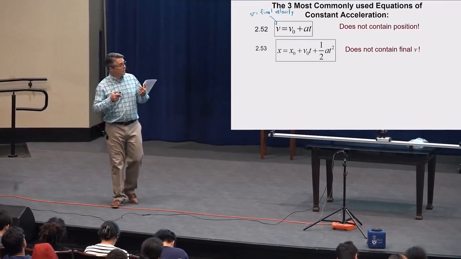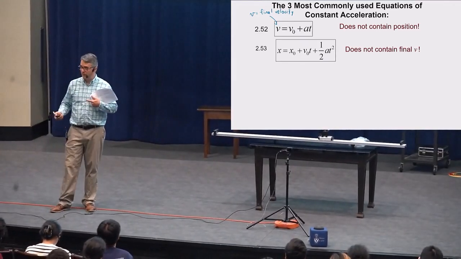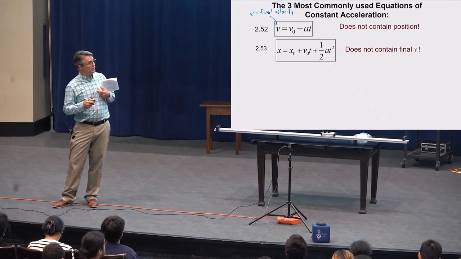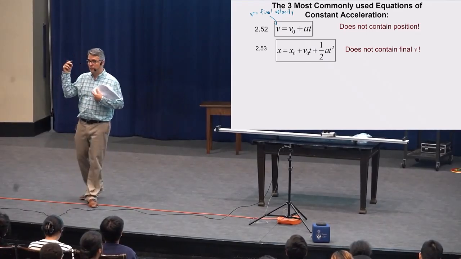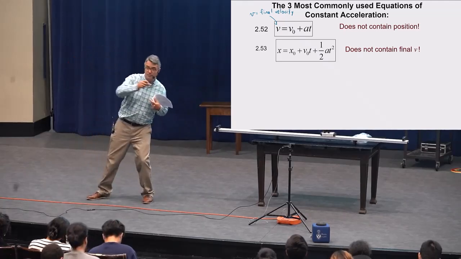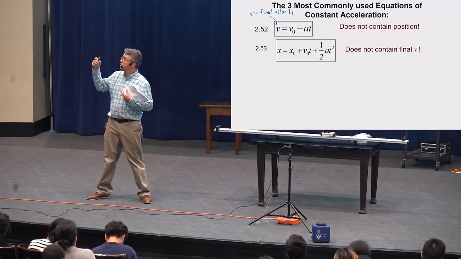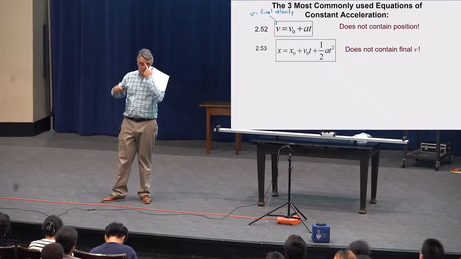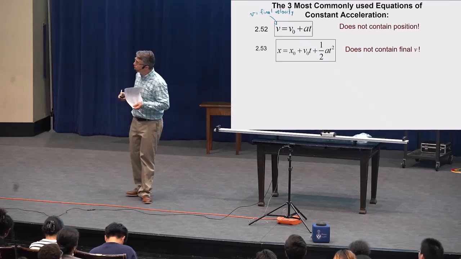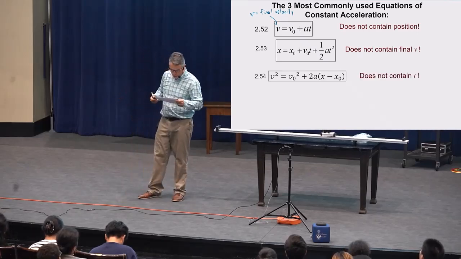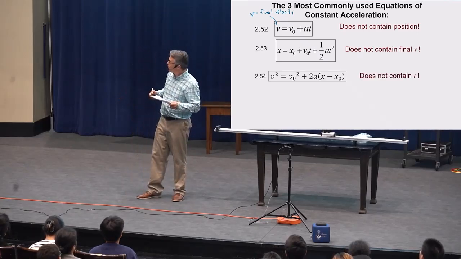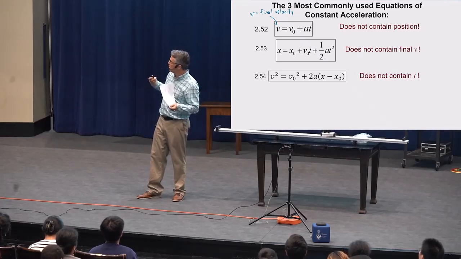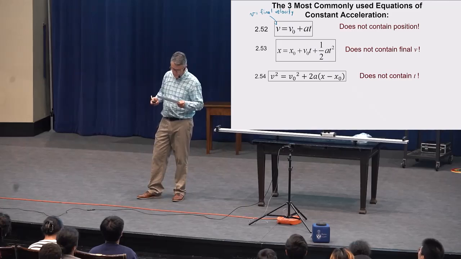The final velocity equals the initial velocity plus the acceleration multiplied by the time. Then there's equation 2.53, the 1/2 at squared thing. If you're trying to find how far something goes, it's the initial position plus v0, the initial velocity, times t, plus 1/2 times a times t squared. Equation 2.54 looks like this: the final velocity squared is the initial velocity squared plus 2 times a times x minus x0.